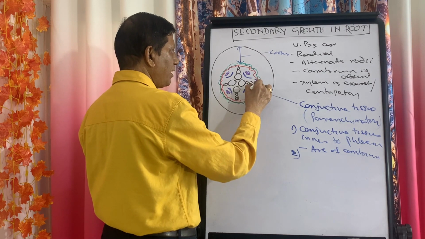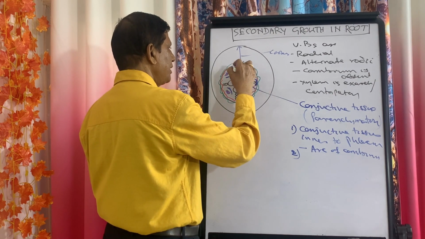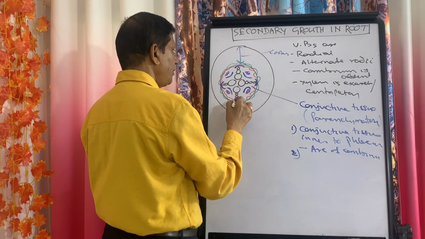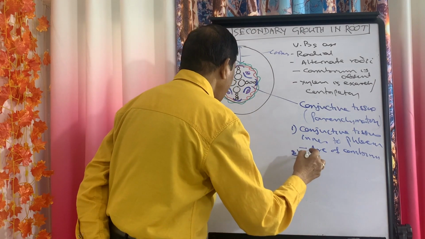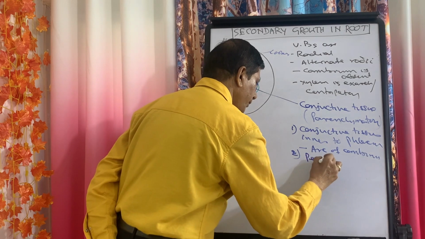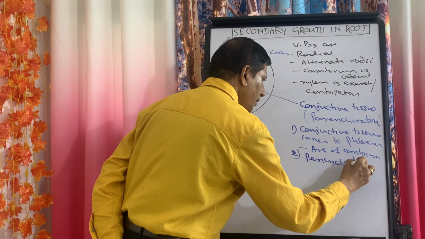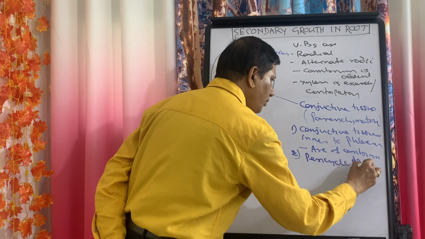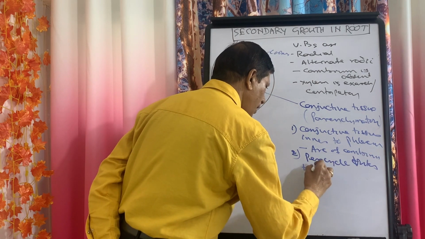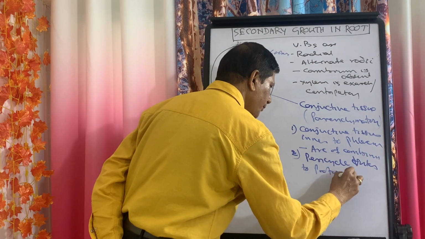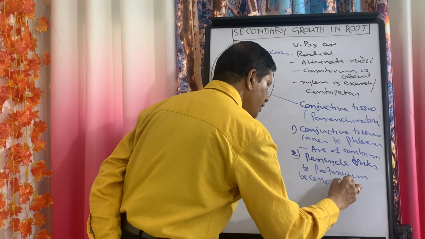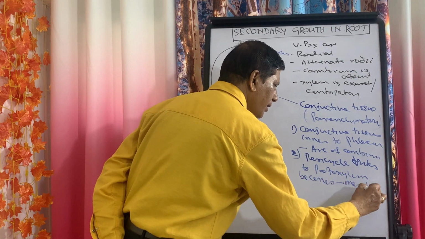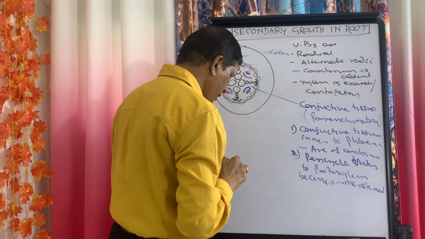So, here one arc of cambium is formed, here one arc is formed, and here one arc is formed, here one arc is formed. So, in the second step, the pericycle outer to protoxylem becomes meristematic.